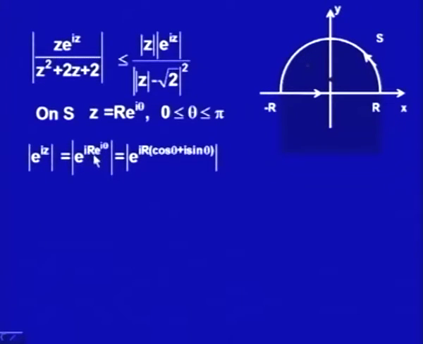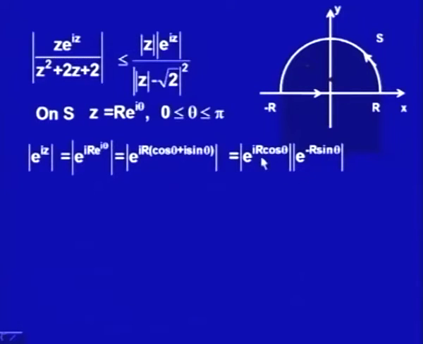Now, e to the power i theta by Euler's formula, I would write as cos theta plus i sin theta. That says I would get e to the power i r cos theta plus i sin theta. Here I would get e to the power i r cos theta, and here I would get e to the power minus r sin theta. So, what we are getting is the absolute value of e to the power i r cos theta into the absolute value of e to the power minus r sin theta.